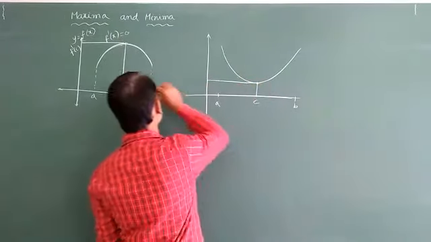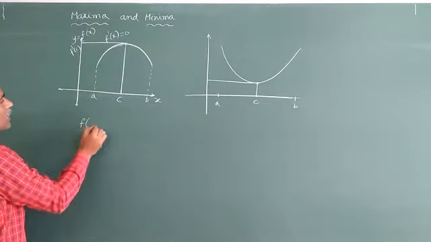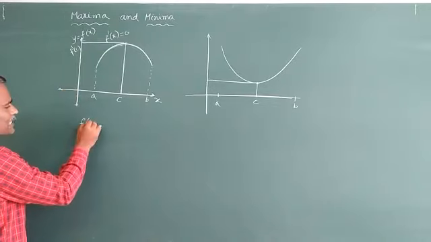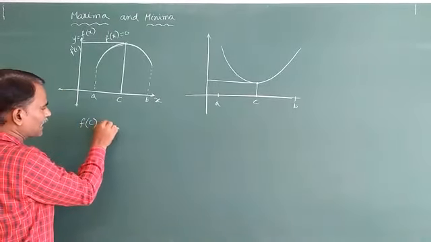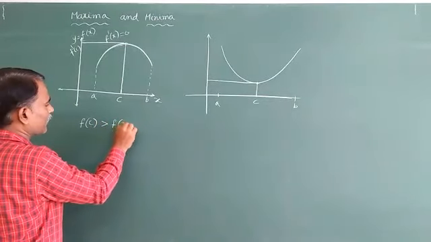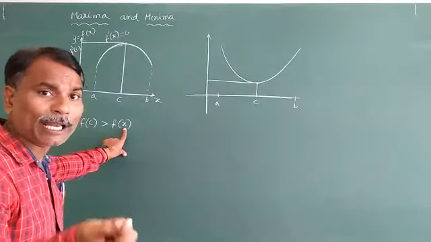Why is it minimum, and why is the other maximum? Here f of c value is greater than f of x, because x indicates the domain of x.